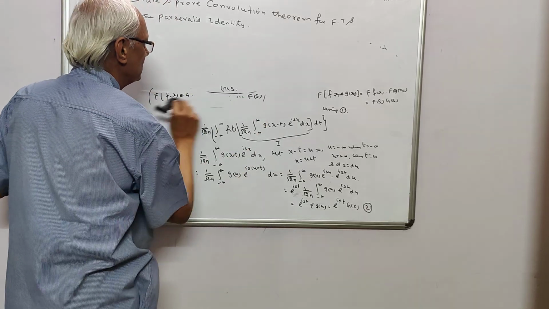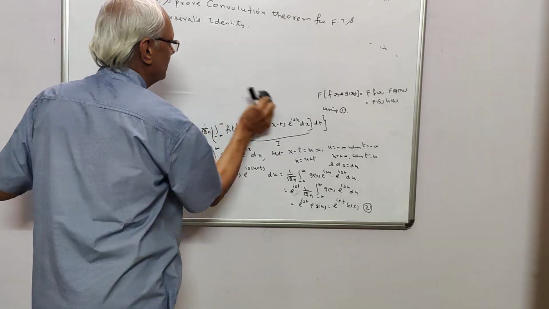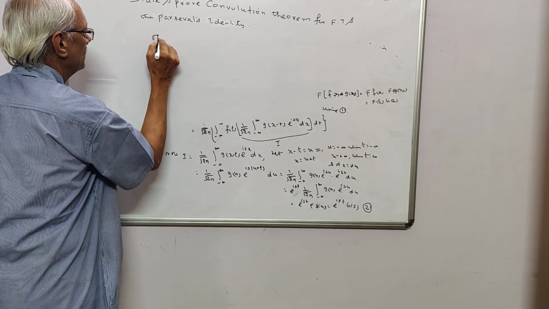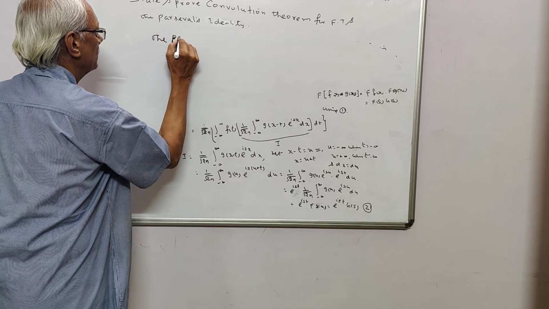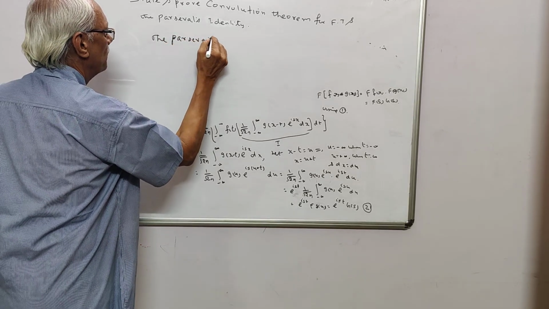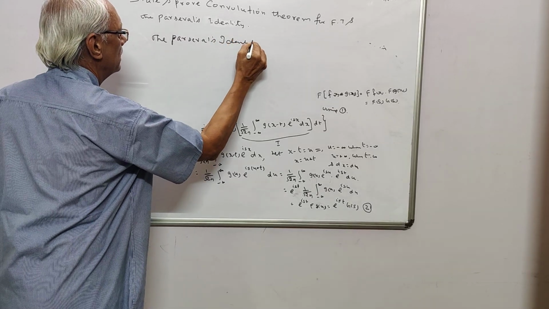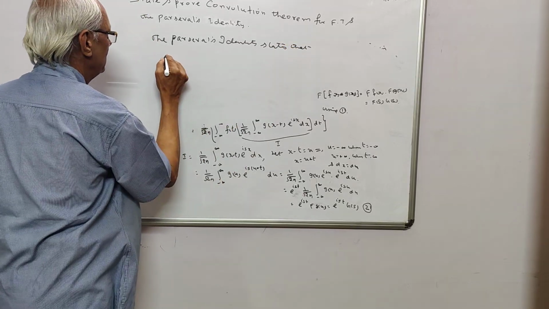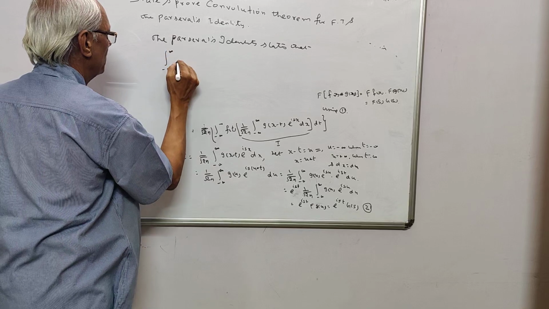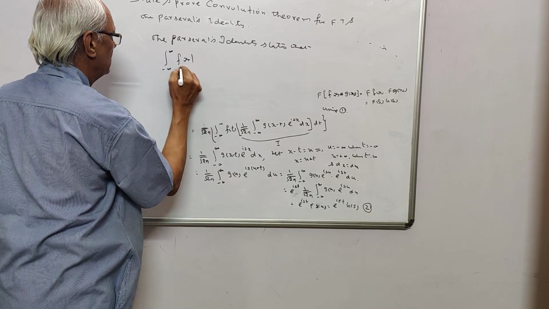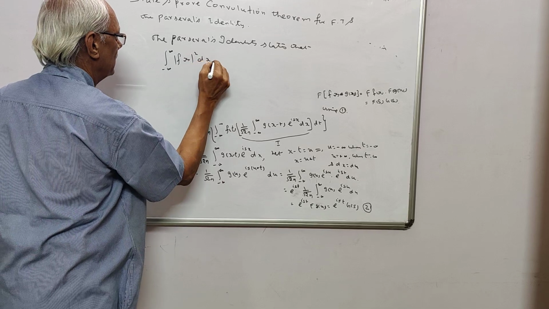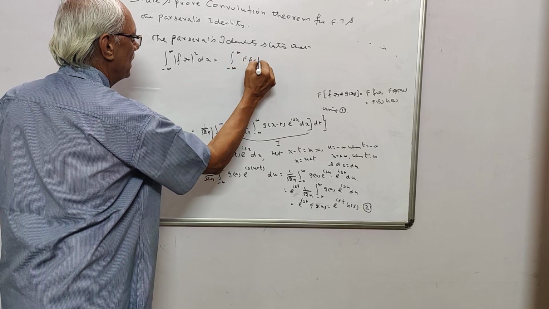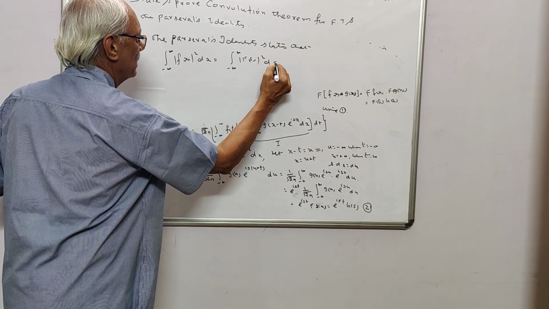Parseval's identity states that the integral from minus infinity to plus infinity of modulus of f of x whole square dx is equal to the integral from minus infinity to plus infinity of modulus of F of s whole square into ds.